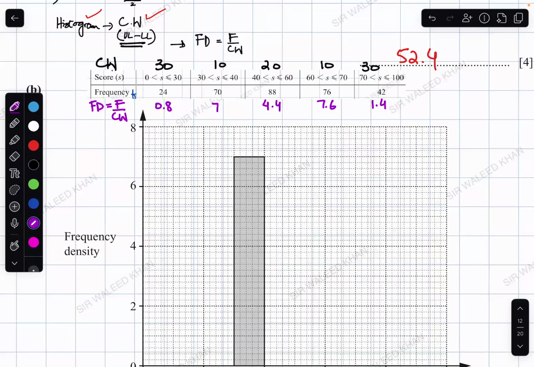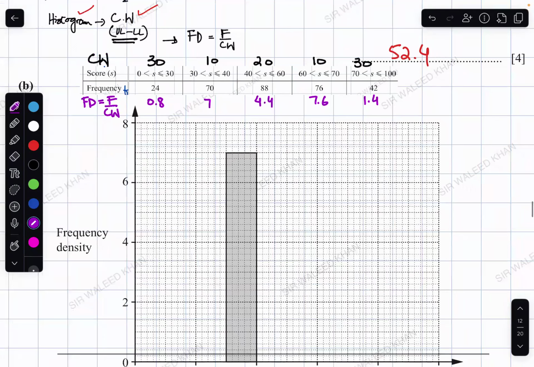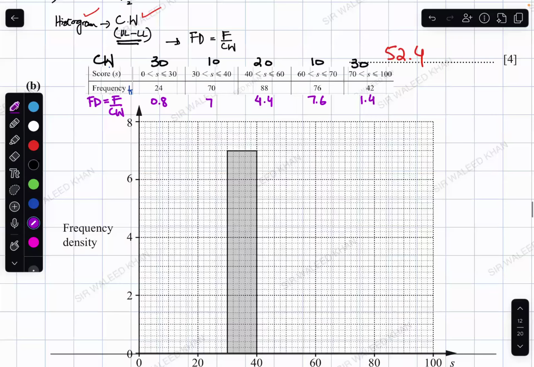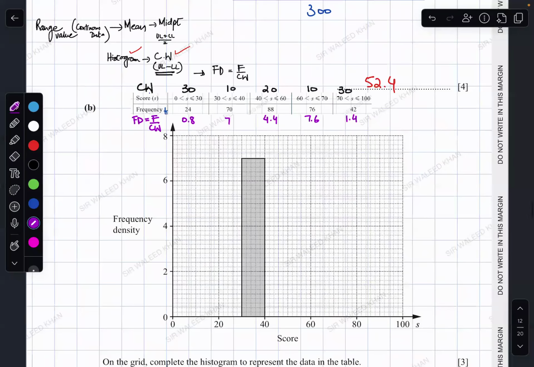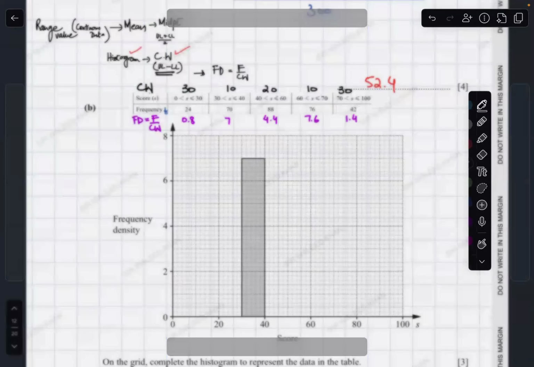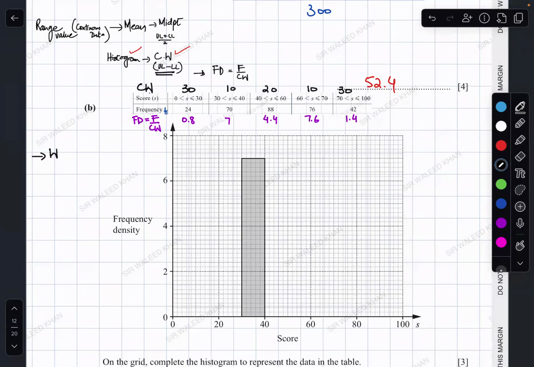So just remember, whenever we are dealing with a histogram, the width of the bar should be between the values of the class interval.